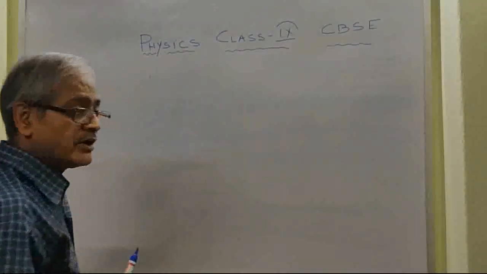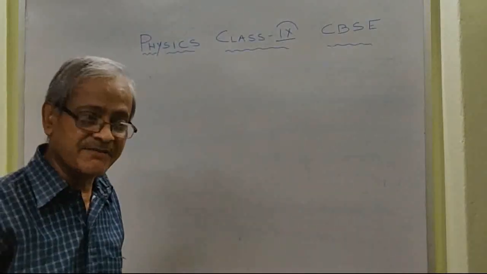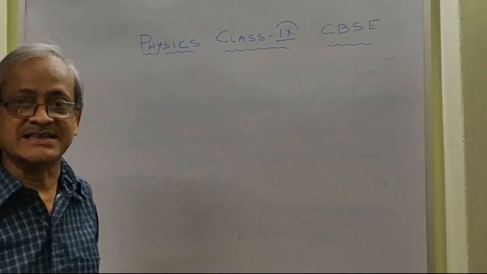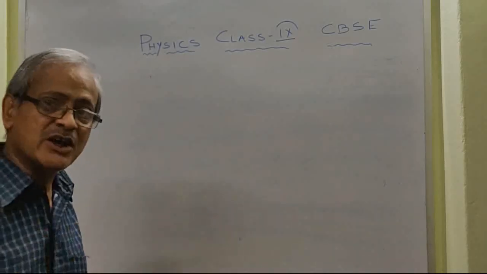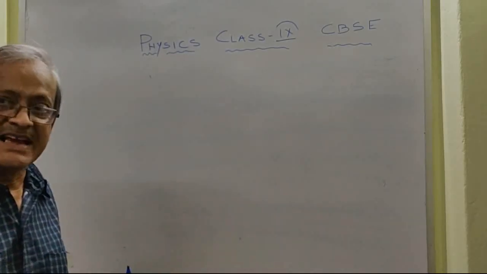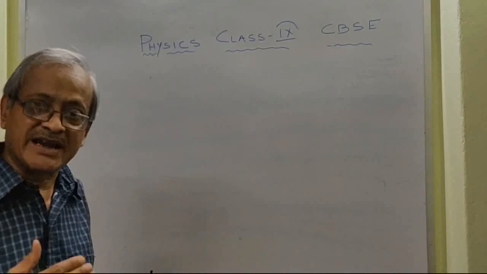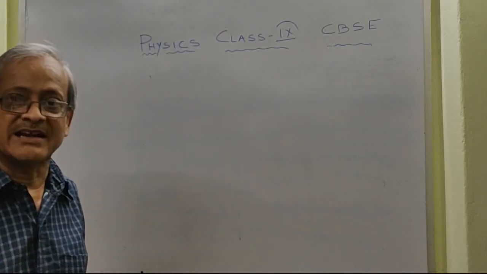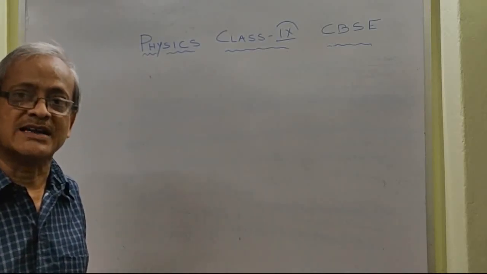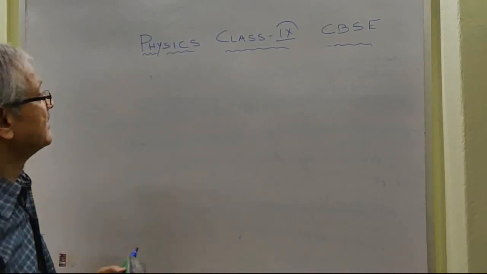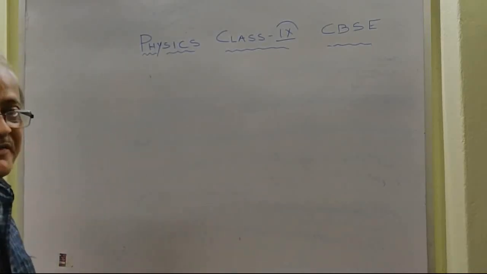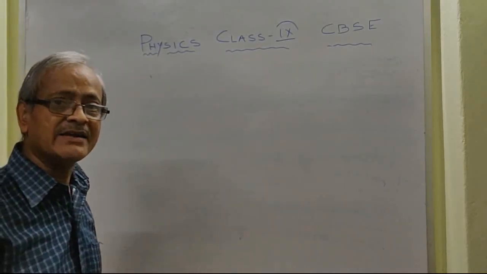The speed of a body is changed if its magnitude is changed. The velocity of a body is changed if its magnitude or direction or both are changed. So, this is the main difference between speed and velocity.